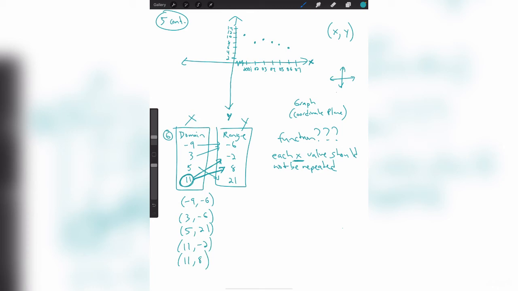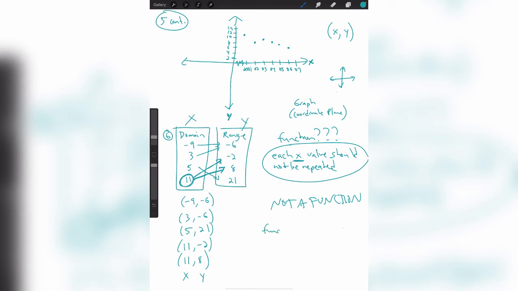Notice that it says each x value should not be repeated. So I have already a value, 11 is -2. I can't also have 11 be 8. My x values are the values listed on the left, and my y values are on the right. So I can't have this repeat. So since there is that repeat, this is not a function. Okay? So functions need to have unique x values.